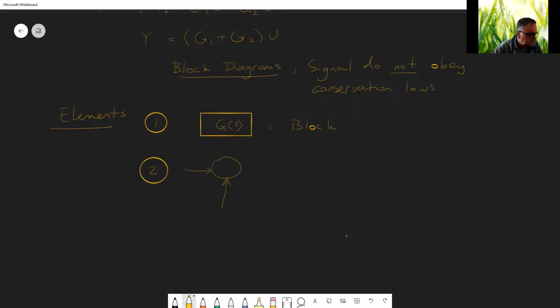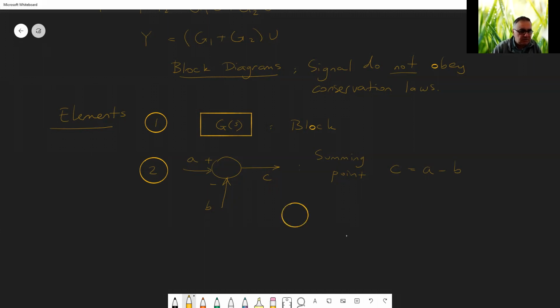Let's say signal one, let's say A, and let's say this is B. And next to them we put signs, and one signal goes out, C. Okay, so this is a summing point, in which case we represent C as, for example, A minus B. Because A is positive, B is negative, there is a minus sign next to B. You have output C equal to A minus B.